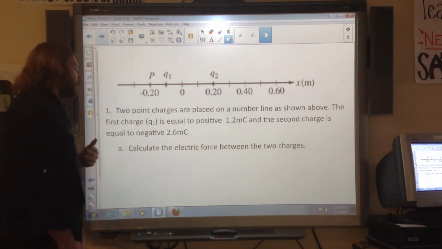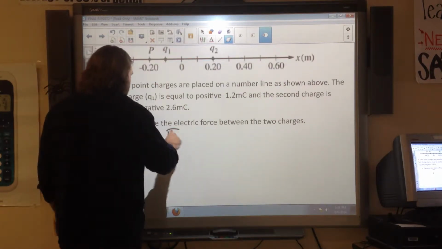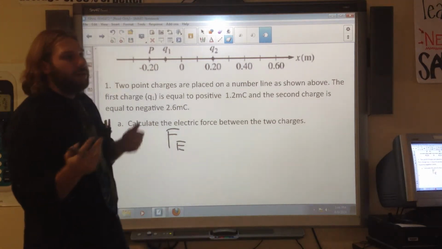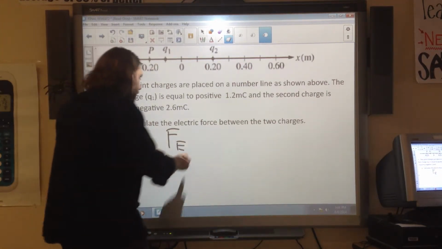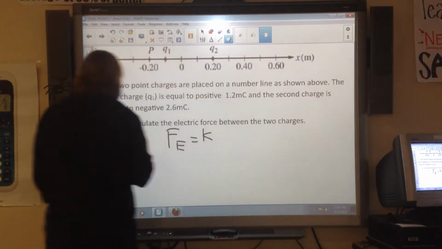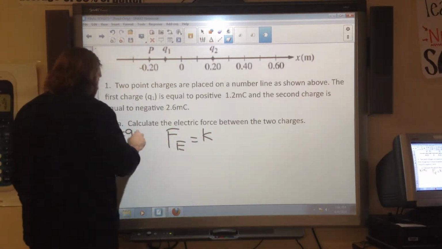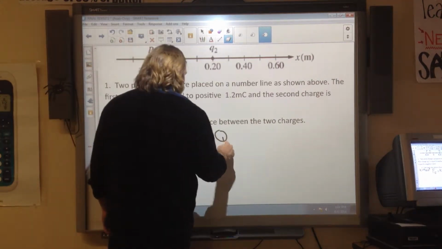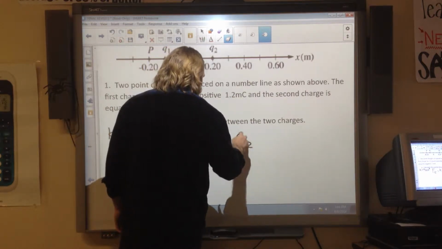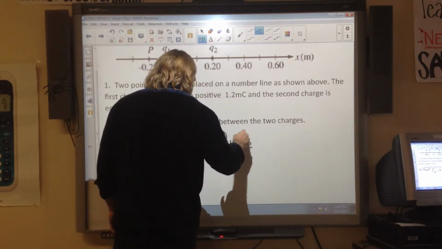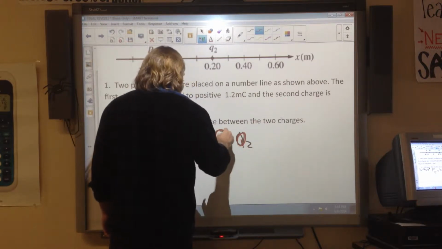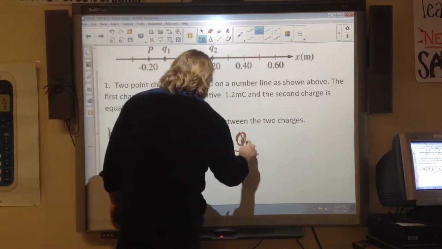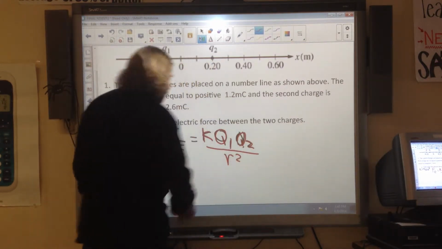The electric force is an equation between 2-point charges. That's what I'm looking for. And I look on my equation sheet, or I remember, that the force becomes K, which is a constant, Q1, Q2, over R squared.